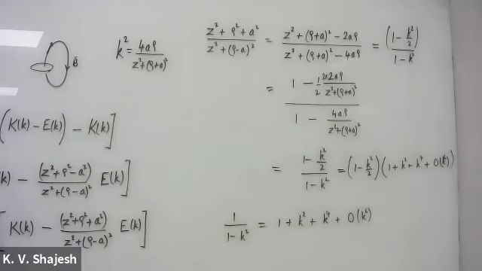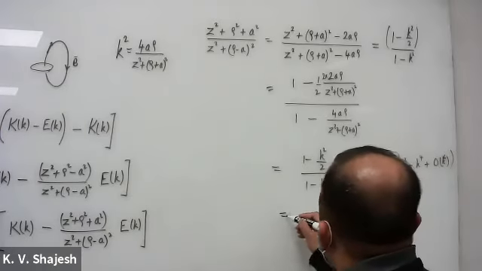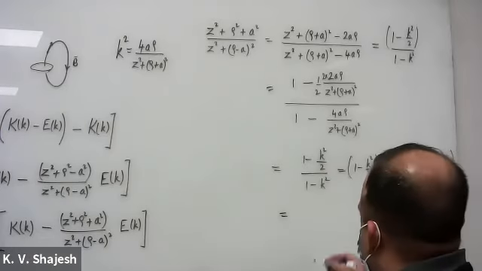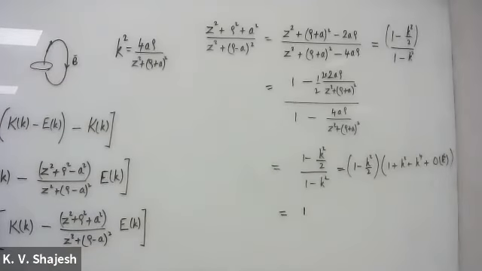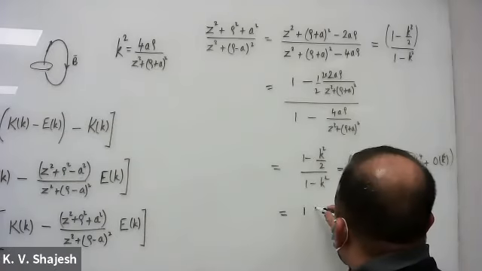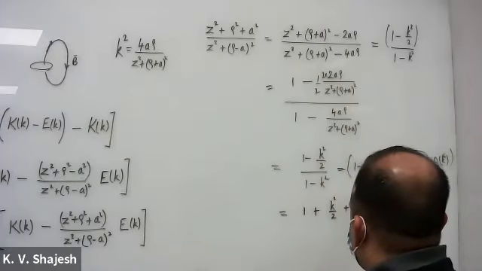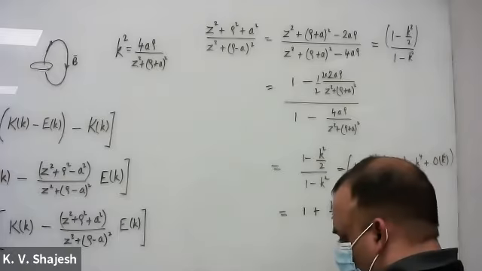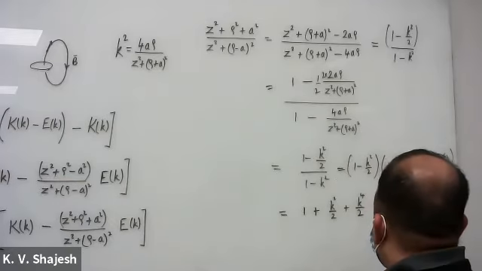And we showed that this is exactly equal to, if I were to take care of all the multiplication, let me not repeat that here since we did that last time. I can write that right away here. So that's 1 plus k square over 2 plus k raised to 4 over 2 plus order k raised to 6.